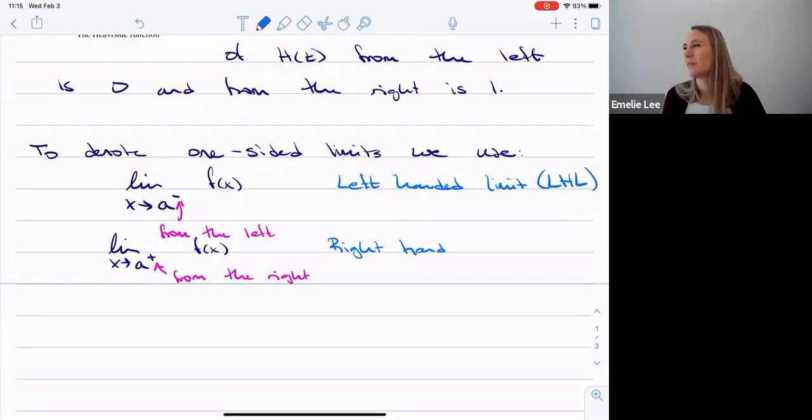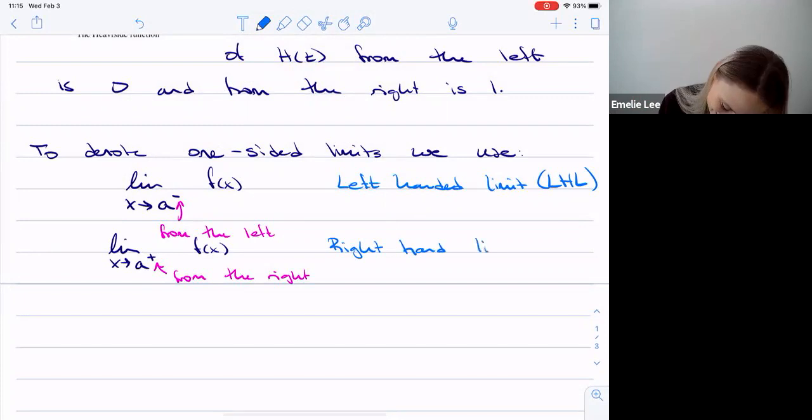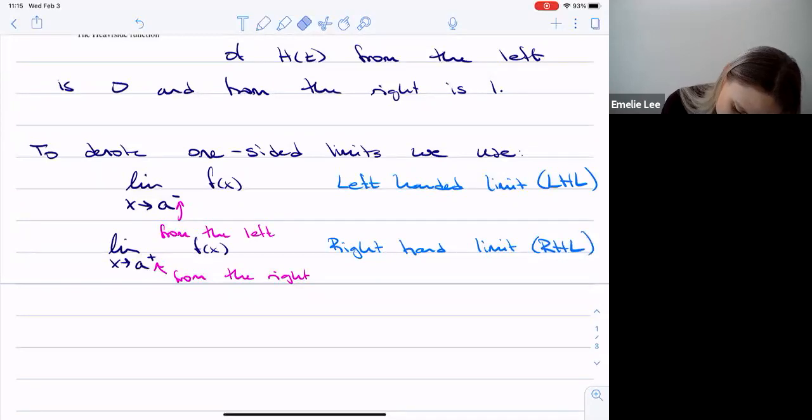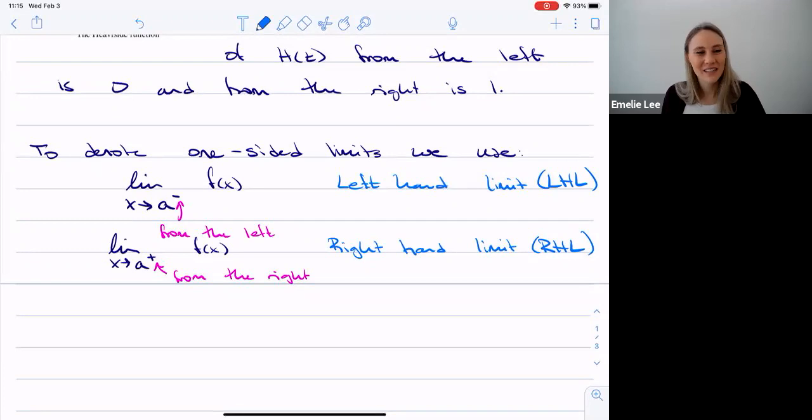Right hand limit? How about we just call it the right hand limit? And I should probably change the left-handed limit. Well, it still works, but it just doesn't sound right.